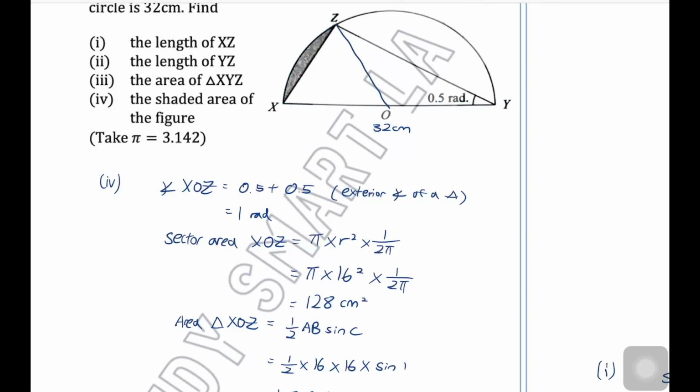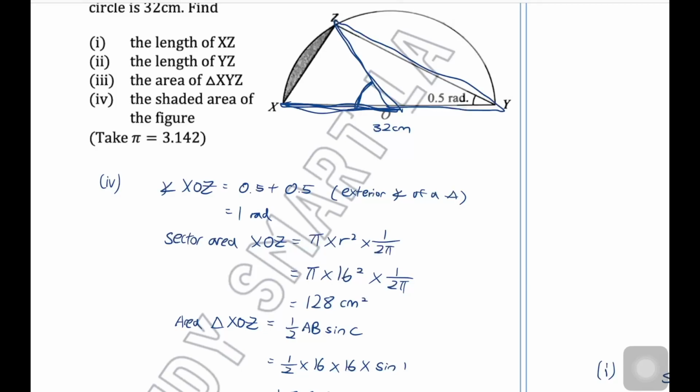So OYZ is a triangle, and you have this length extending out from that triangle. So this angle here is the exterior angle of this triangle, OYZ.